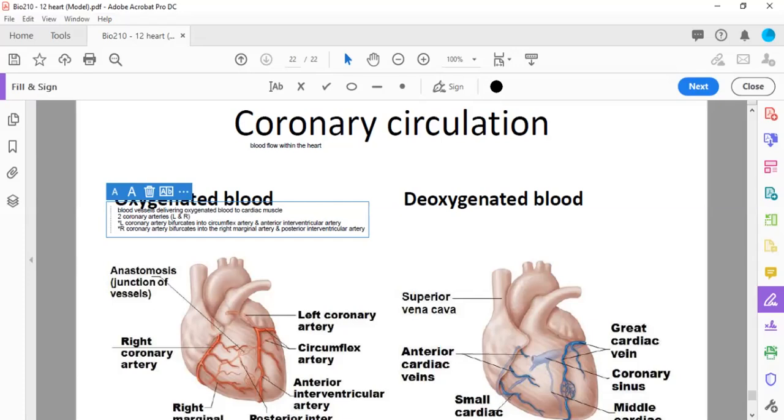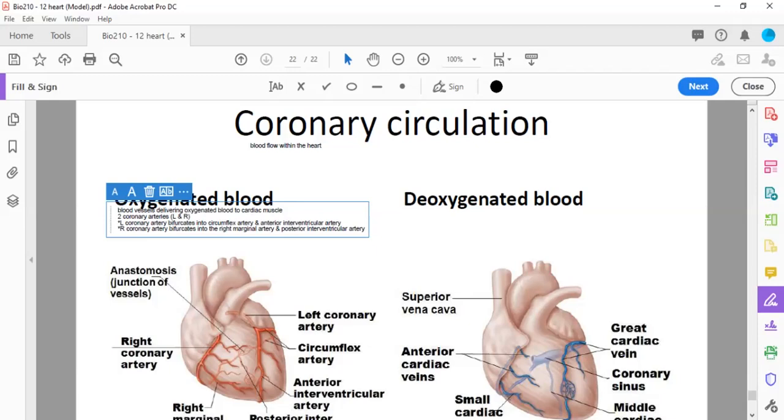The contractility of the heart will gradually diminish, so the stroke volume would diminish, and if the stroke volume diminishes, the blood flow out to the organs would diminish.